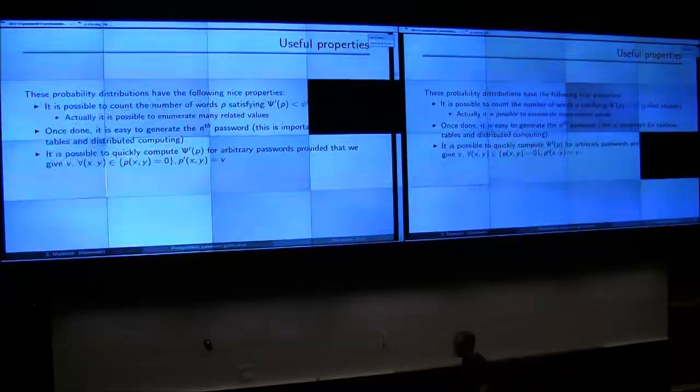It's actually possible to compute other values, which will not really be used in this talk, but you can do all kinds of funky things with it. And in Markov mode as implemented in John the Ripper, there is actually a maximum length parameter that is also used.